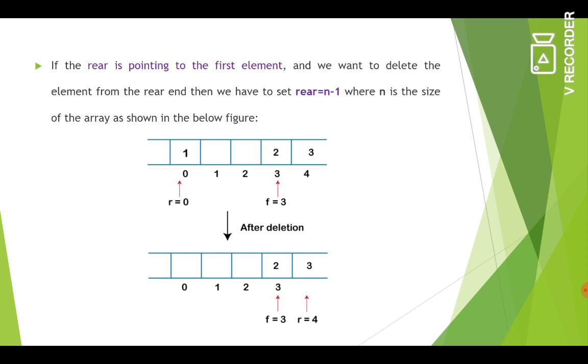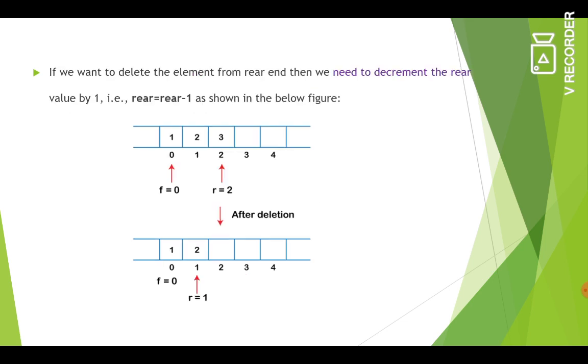Similarly, if the rear is pointing to the first element, what is the case? If I want to delete the element from the rear, you have to set rear equal to n minus 1. What is the normal procedure? I have to decrement the rear value by 1.